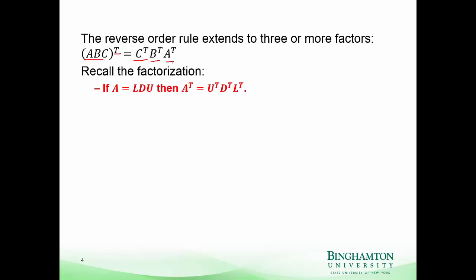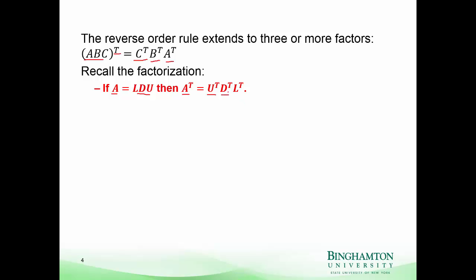So let's remember the factorization that we did, LDU. So you give me an A, we can factor it into LDU. Well, if I take the transpose of A, I'm going to do the U transpose. Remember, everything gets reversed.